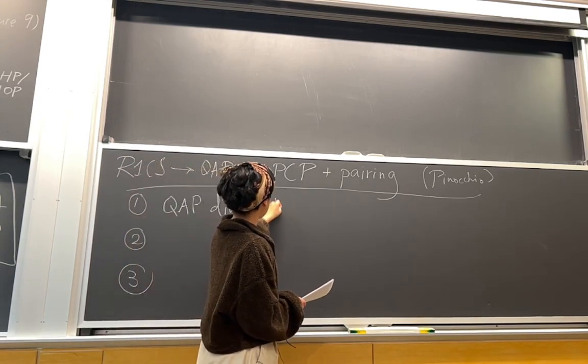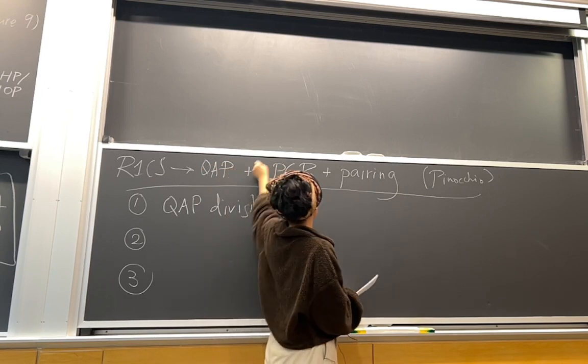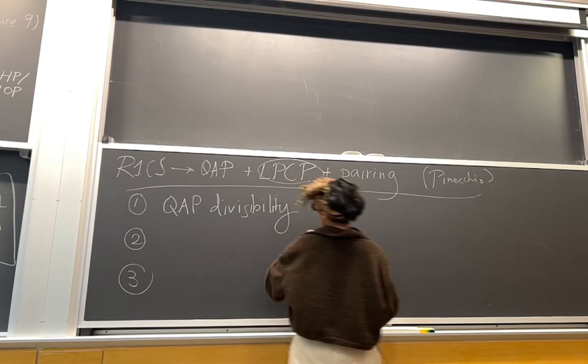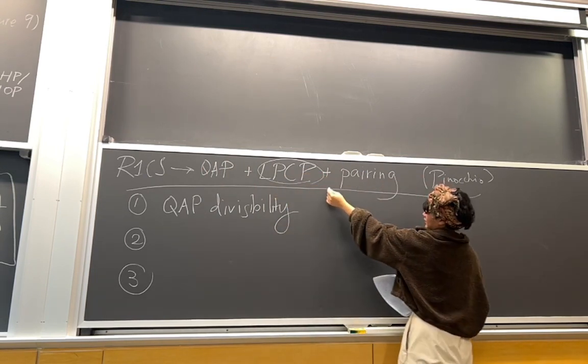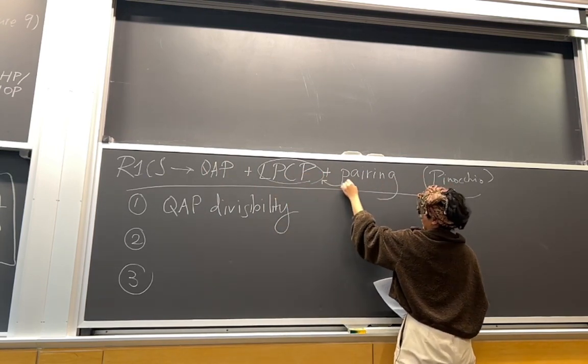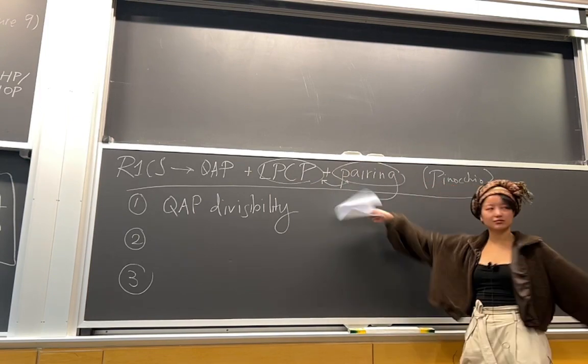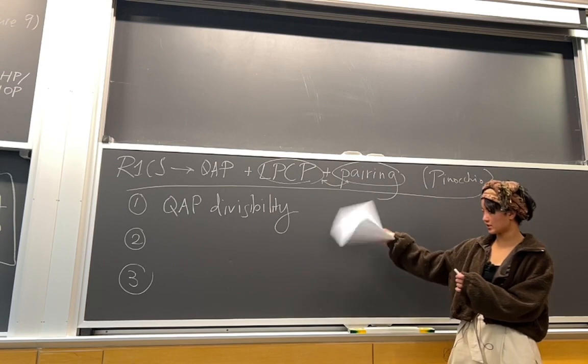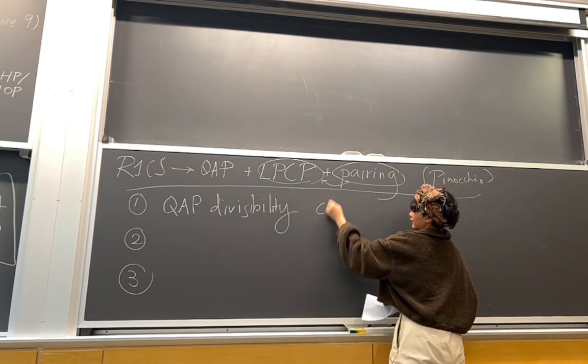So what I'm writing out right now is the linear PCP that Pinocchio uses to check the QAP. And as I said just now, the linear PCP is inextricable from the pairing. So this check proceeds in 3 steps. The first is a divisibility check.